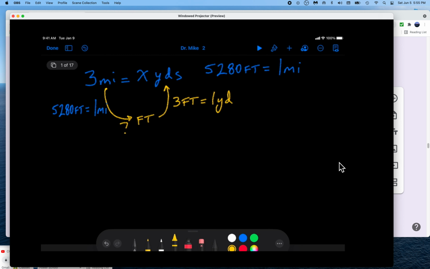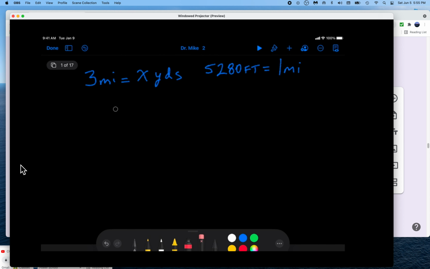Too many steps, too inefficient. Okay, so here is where we're going to use the technique that was introduced in the last few moments. Okay, we're going to erase this for now, and I'm going to show you how to do this directly.